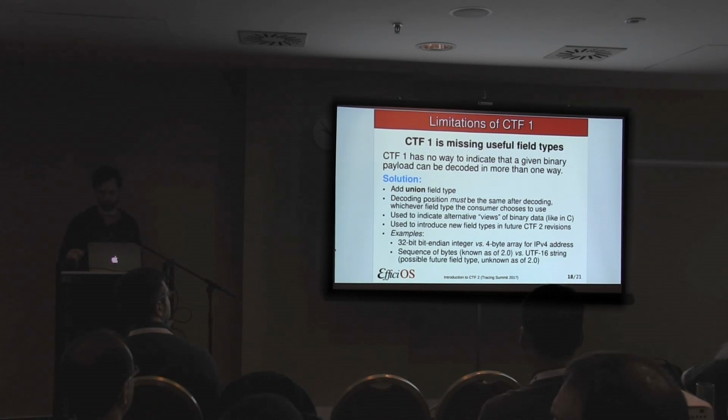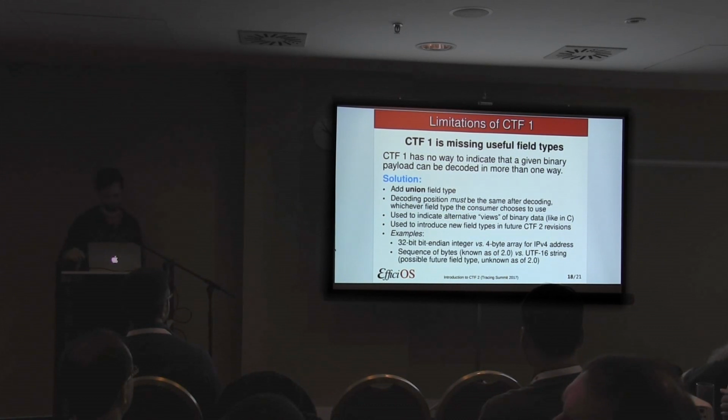And also we plan to use this union field type to introduce new field types in revisions of CTF2. So we want a consumer which only knows the initial revision of CTF2, for example, to be able to consume all CTF2 traces. So if we put new types in unions, then we can provide a known alternative to all consumers.